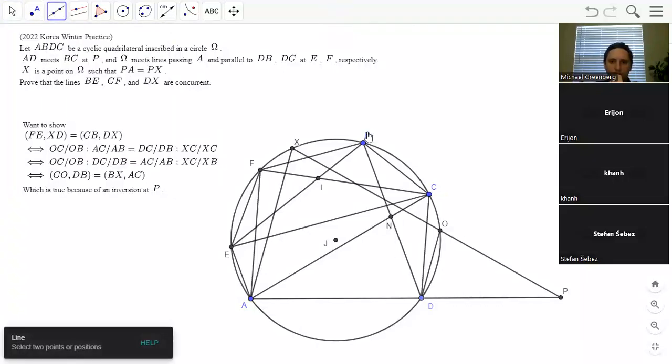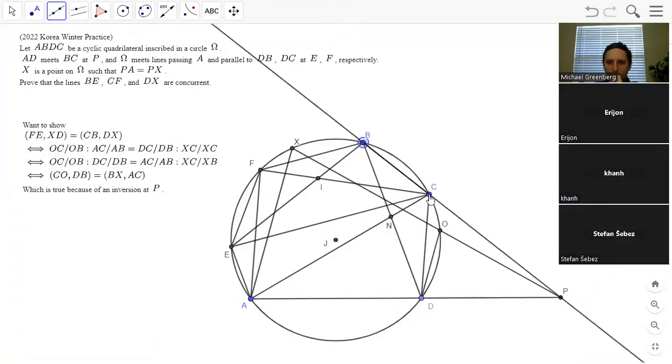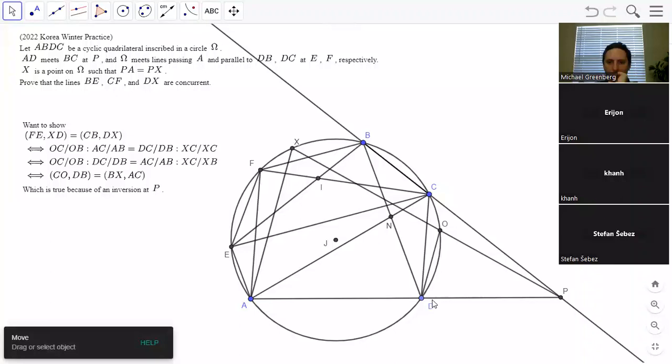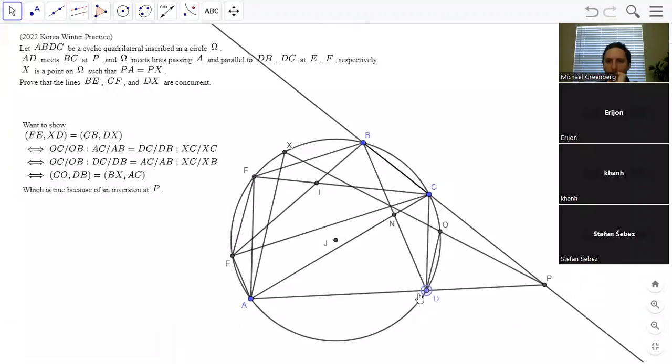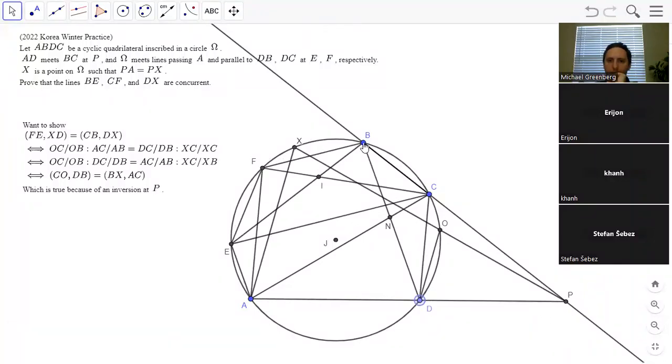I'm missing a little step here. So we have another claim that the cross ratio A, wait, let me just. Oh, is it obvious that BC and P are collinear?